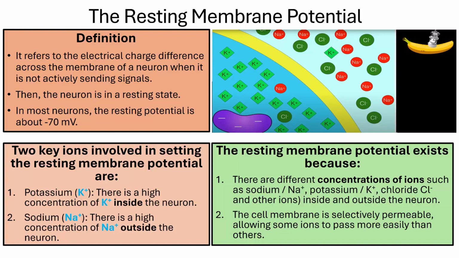Now we have a voltage difference, minus plus. This membrane potential, this difference in voltage, exists because there are different concentrations of ions such as sodium, potassium, chloride and other ions inside and outside the neuron.